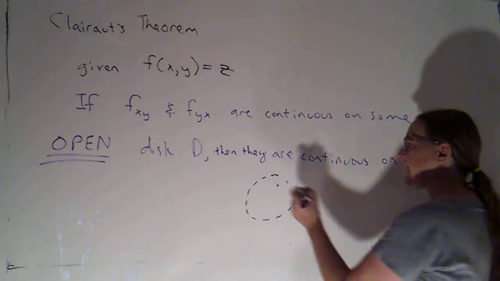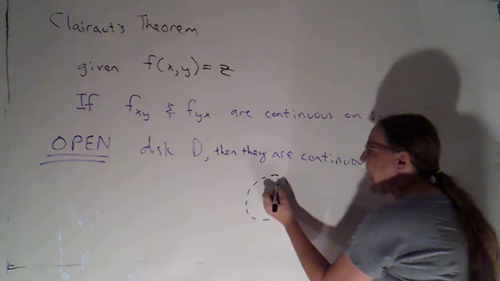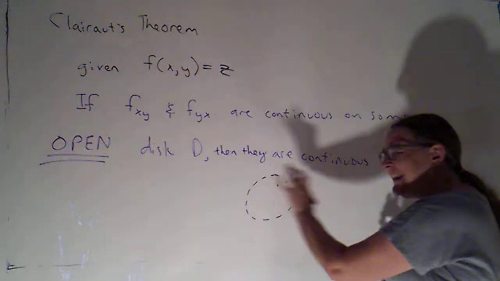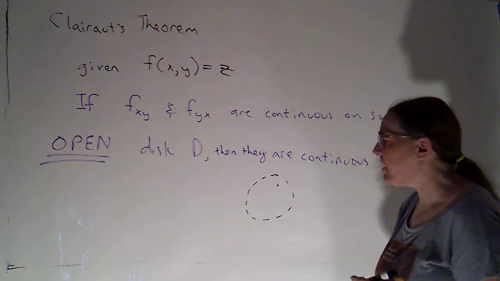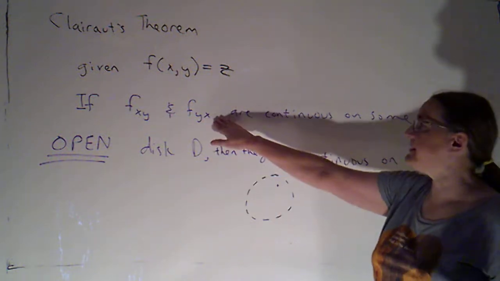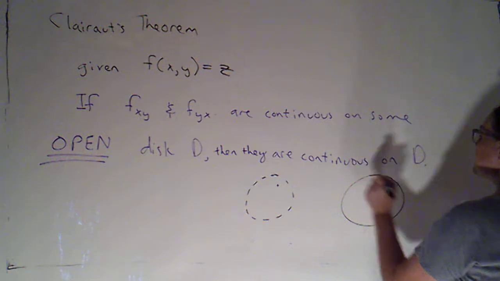I'm still okay at a point inside the disk, because I know they're continuous here, and I know that I can go away from that point in any direction. As long as I don't go too far, I'll still be within that disk, and I'll still have this condition satisfied. Okay. Compare that to if I had a closed disk.